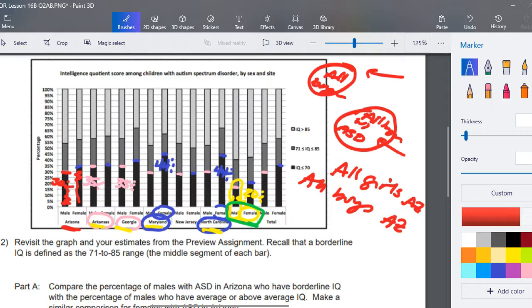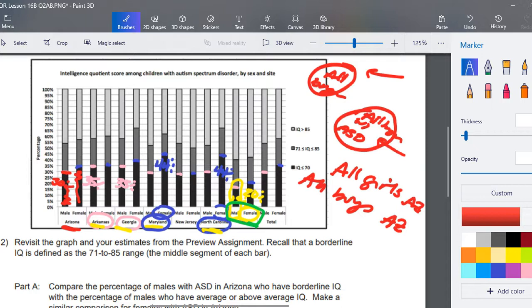We just have information about those with ASD. Also, we don't even know the total number of girls and boys in Arizona with ASD. We just have percentages. So how about a better statement: of the children diagnosed with ASD in Arizona, girls are more likely to have intellectual disabilities as compared to boys.